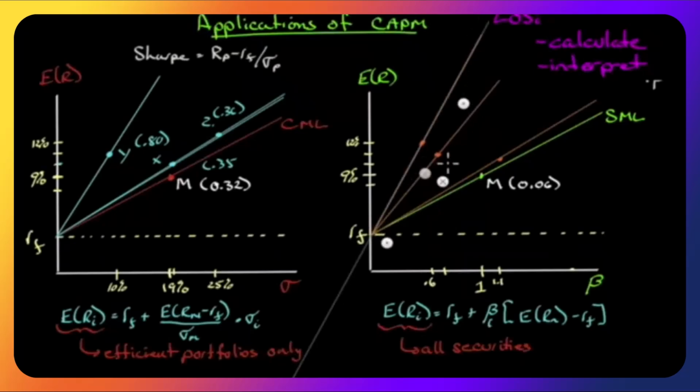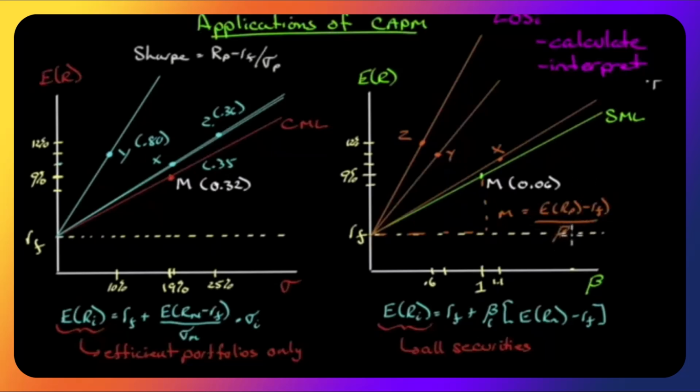Now, to determine the slope of this line, let's just be clear about what our slope is here. M is the expected return on the portfolio minus the risk-free rate over beta of the portfolio, because this is beta. So what did we get for X? 0.064.